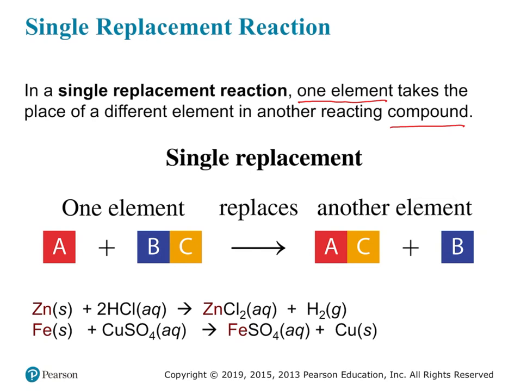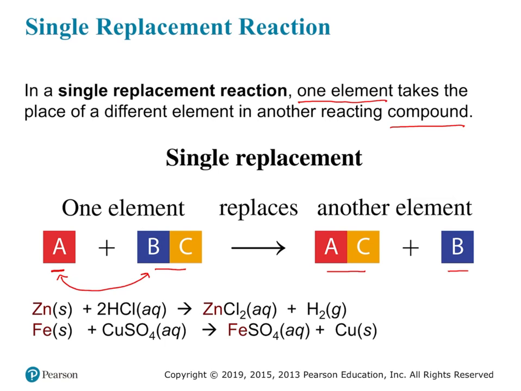So let's say we have a generic element A and a compound BC. A and B are actually going to switch places, so we'll end up with a product AC and B. So that's why it's called a single replacement reaction. There's just one element replacing another element.